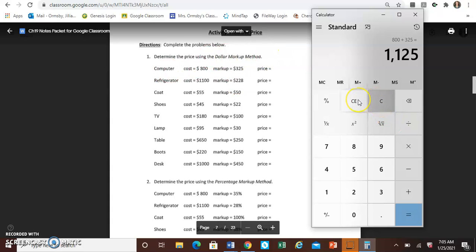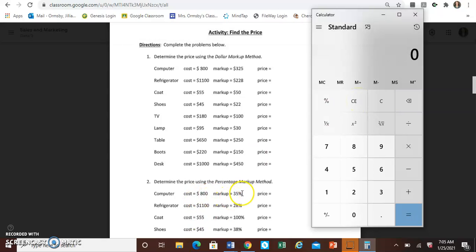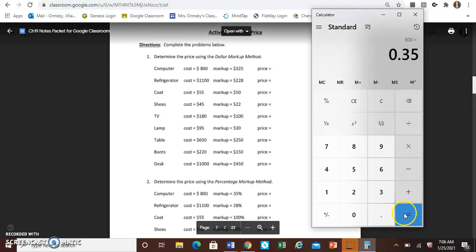Now the percentage markup method, you're taking the cost, multiplying it by the markup, and adding the cost back in. You could do this one of two ways. You could take 800 and multiply that by 0.35. That's the percentage, so we're converting the percentage into a decimal. That would give us 280.